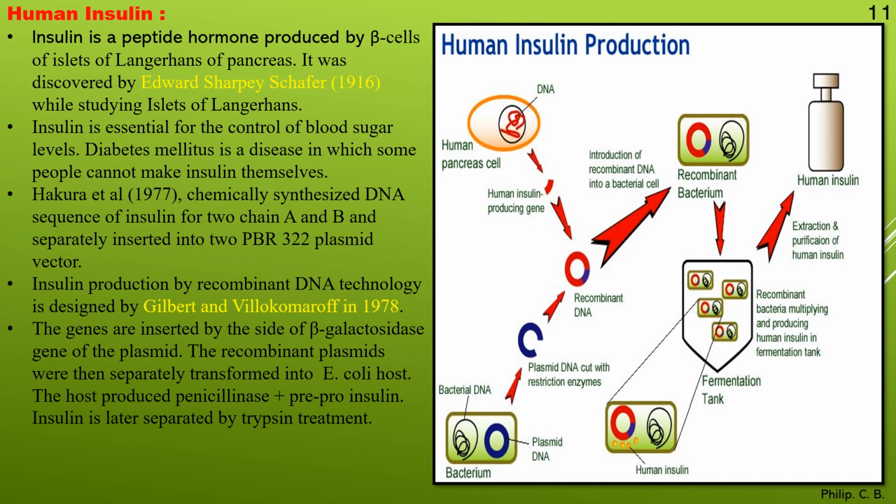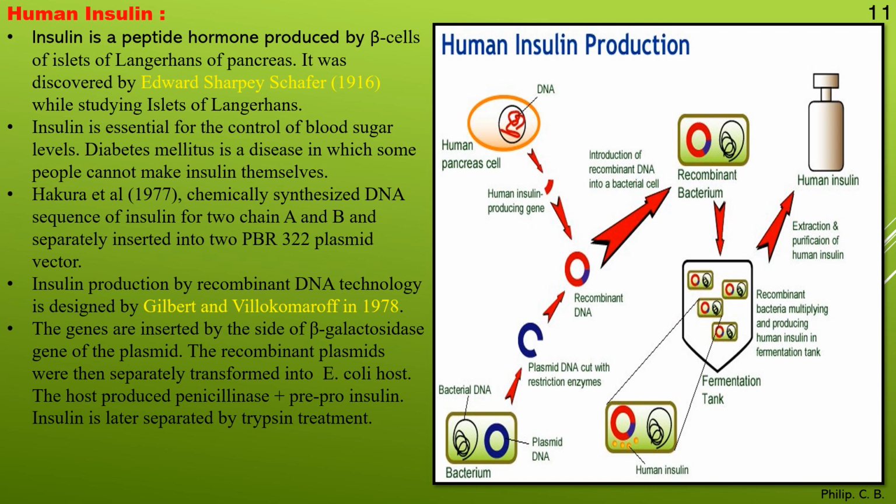Further, the genes are inserted beside the beta-galactosidase gene of the plasmid. The recombinant plasmids were then separately transformed into E. coli hosts. The hosts produced penicillinase pre-proinsulin. Insulin is later separated by trypsin treatment.